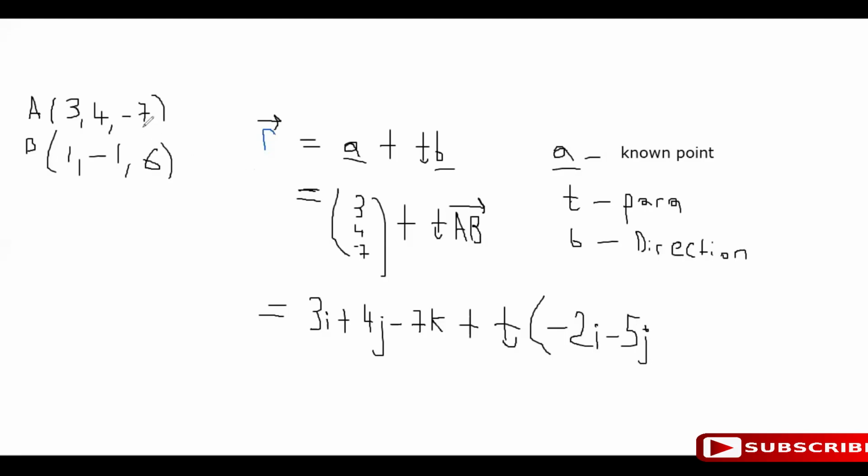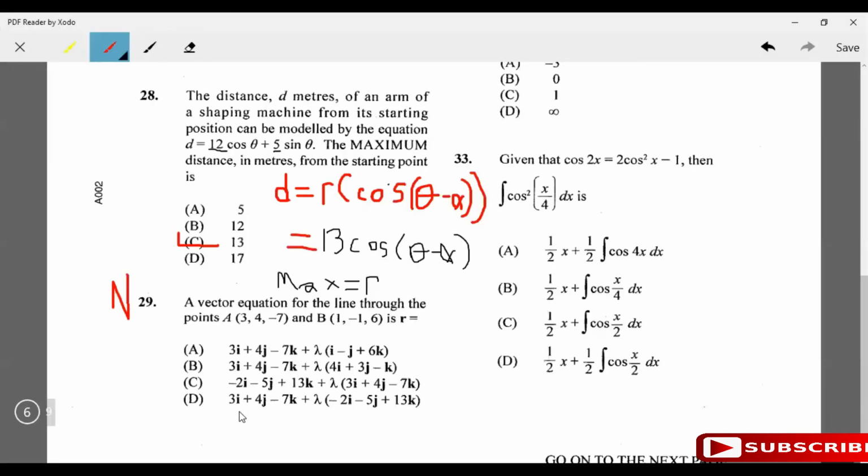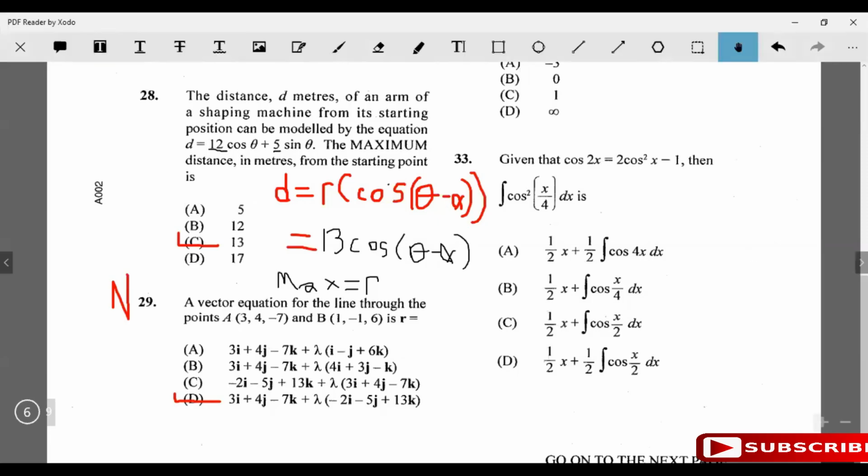And then 6 minus -7 is plus 13k. So that's the vector equation of the line. That's it: 3i plus 4j minus 7k plus t times (-2i minus 5j plus 13k). That is option D. All right, so that's another new question, brand new.